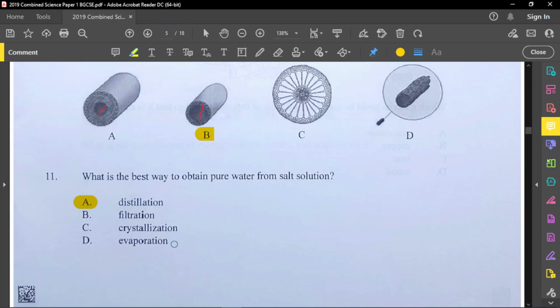What you get back is the salt, because when you evaporate the water, the salt will remain in the container. So it's a good way to get the salt, but not the water. For D, the best answer here is A, because you can collect both the water and the salt. Notice the key words are obtain pure water and from salt.